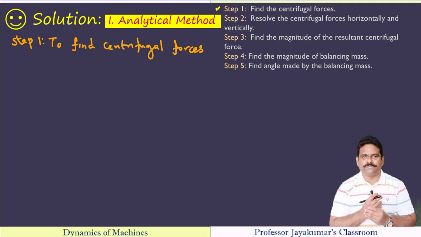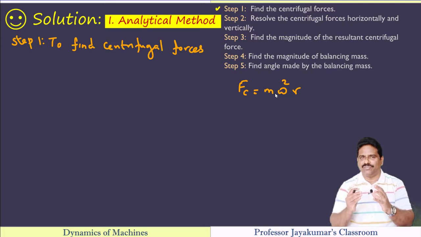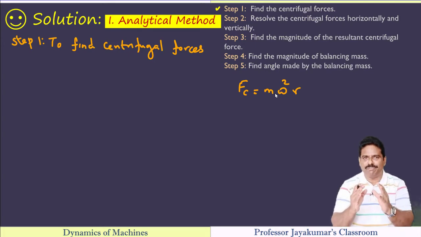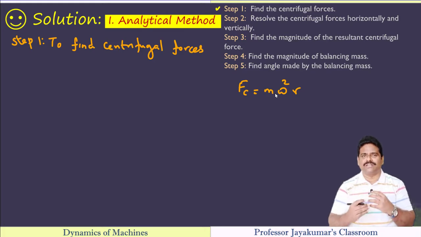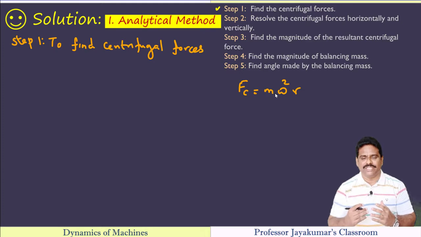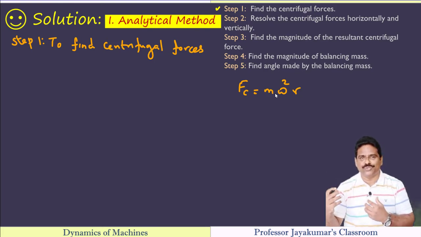We know that m omega square r is the centrifugal force, which is the unbalanced force. Since all rotors are rotating with the same angular velocity omega, eventually we are going to balance the resultant unbalanced force with the balancing force.